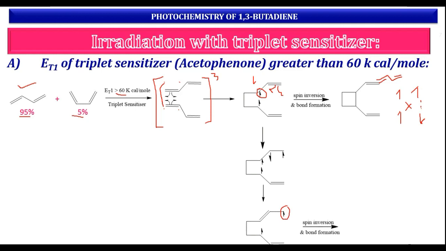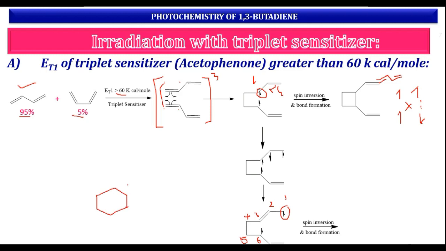So start here: 1, 2, 3, 4, 5 and 6. The first carbon and the sixth carbon make a bond, so it forms a 6-membered ring.